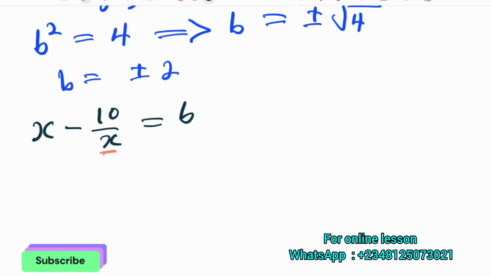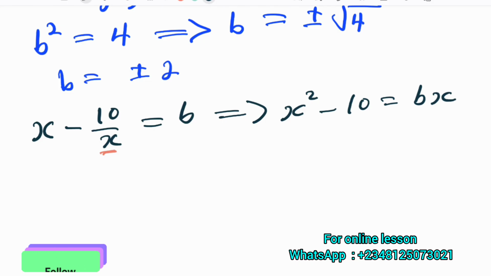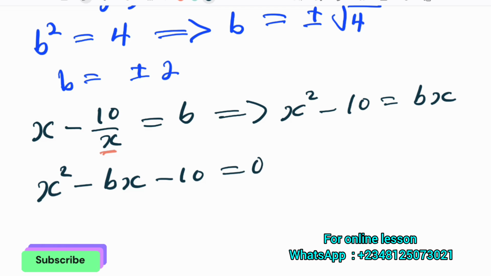So if you multiply through, we're going to have x squared minus 10, because this will cancel out, equal to bx. So let us move bx to the left so that we can have a standard quadratic equation. So we have x squared now minus bx, because if it moves to the left, it becomes negative bx, then minus 10 equal to 0.